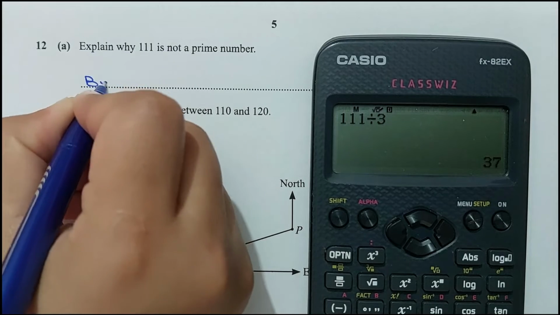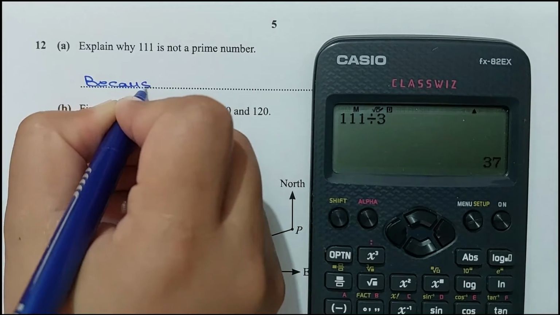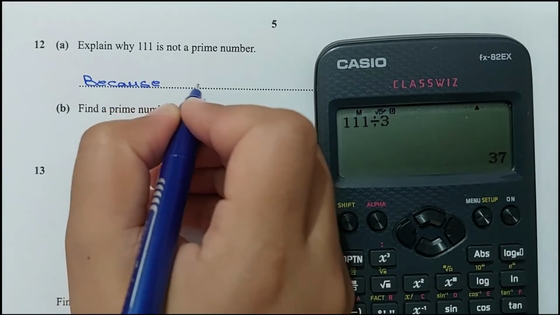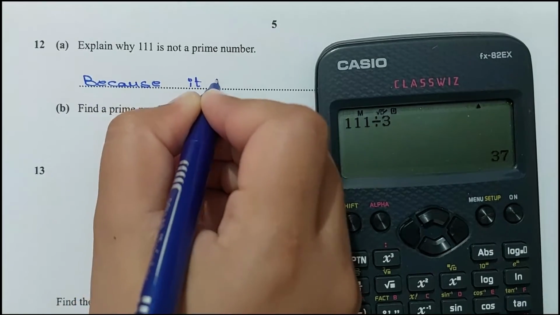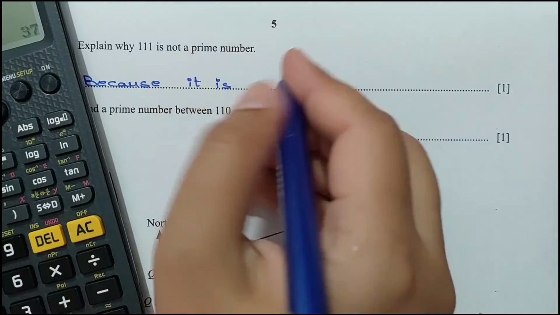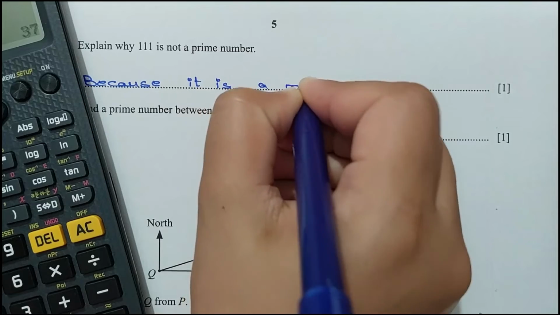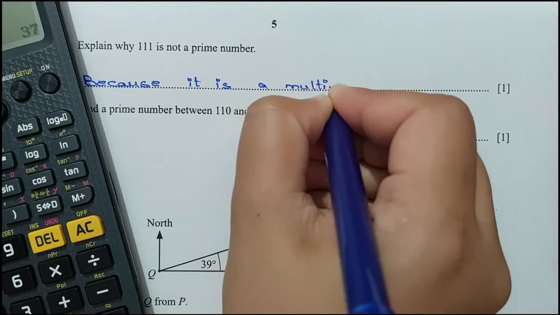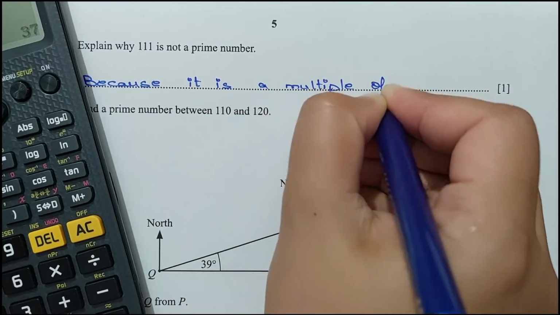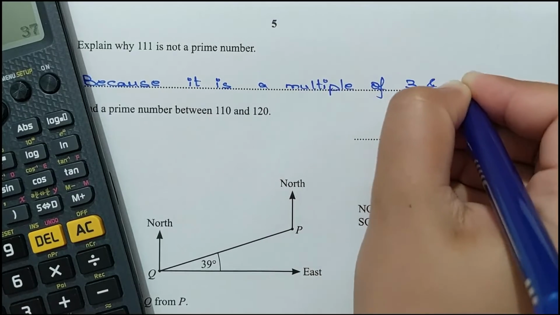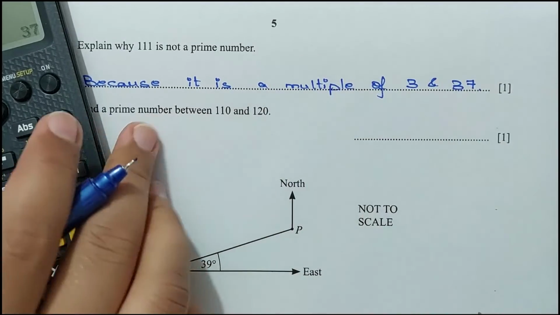So 111 is not a prime number because it is a multiple of 3 and 37.